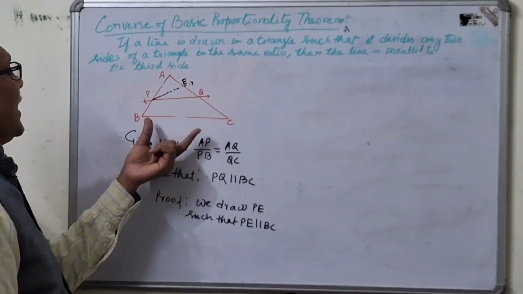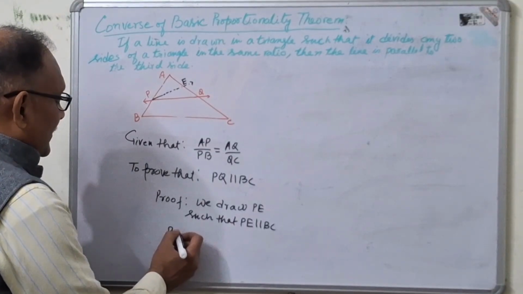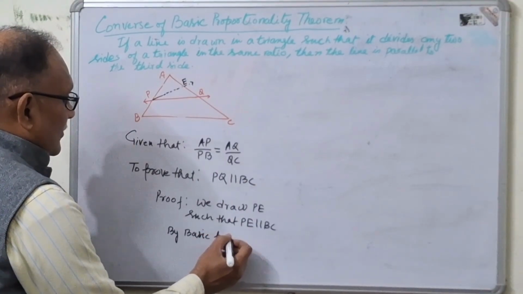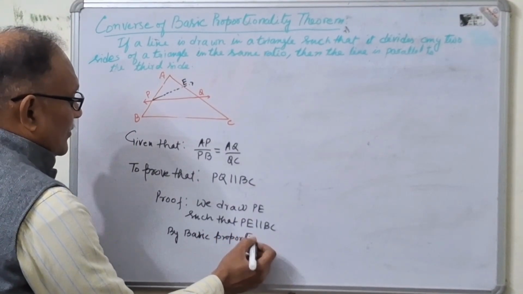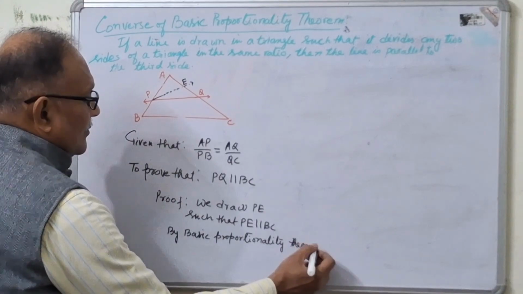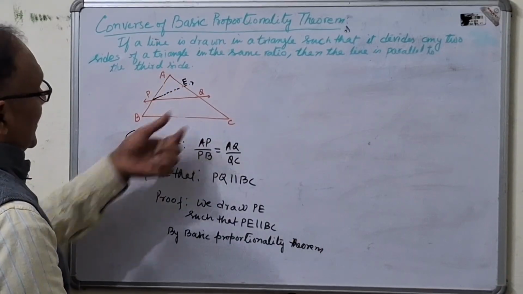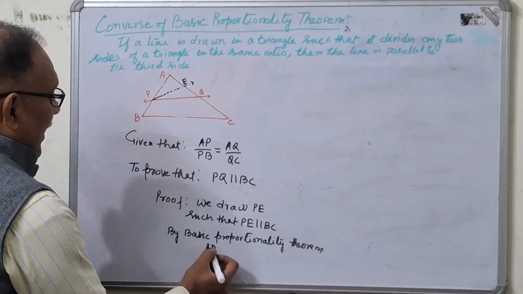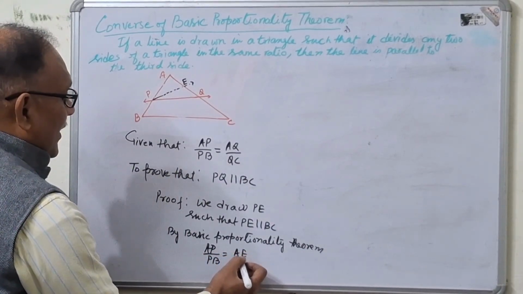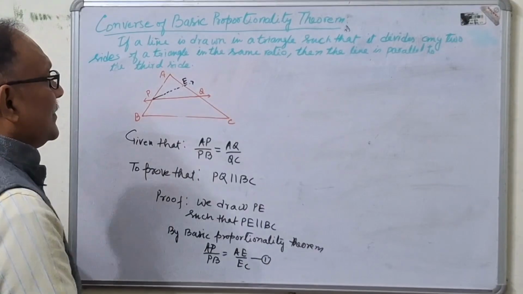So if PE is parallel to BC, then by the basic proportionality theorem, AP upon PB is equal to AE upon EC. Put it as equation 1.